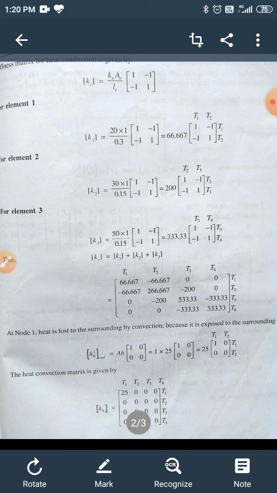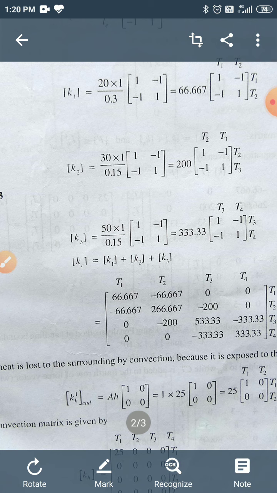Similarly for the second element, the thermal conductivity K2 is given as 30 watt per meter degree centigrade. We substitute in the second element stiffness matrix, Kc2 equal to K2 Ae divided by Le into the matrix 1 minus 1 minus 1 1.